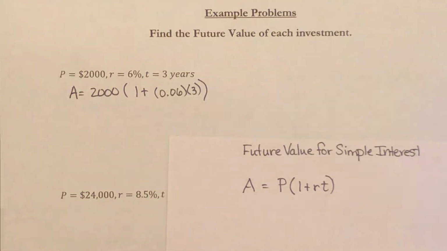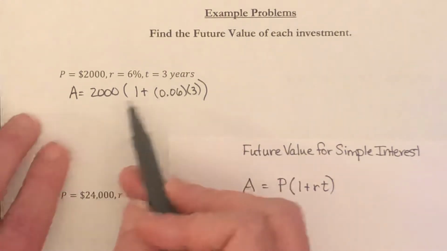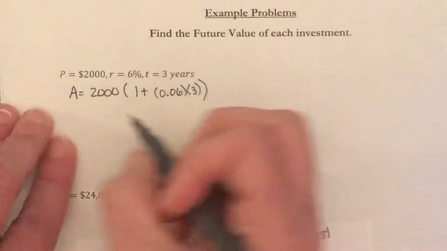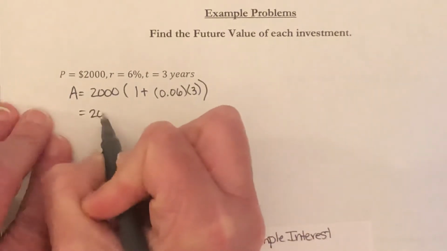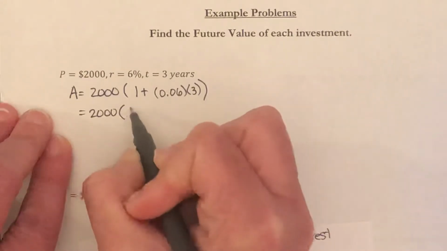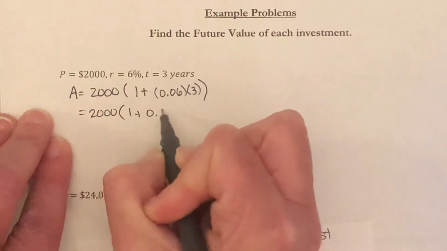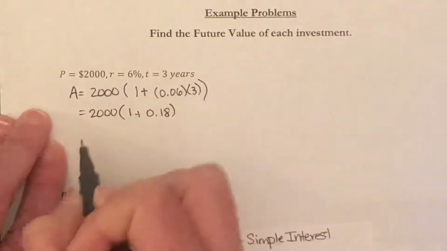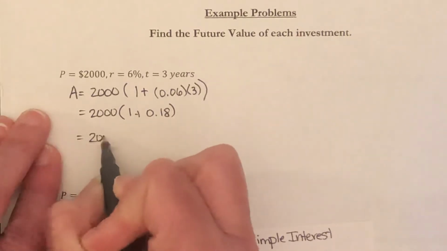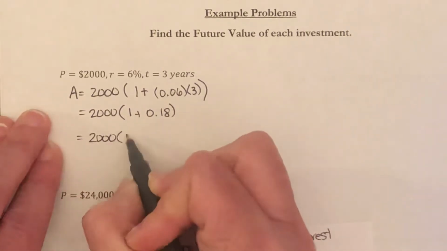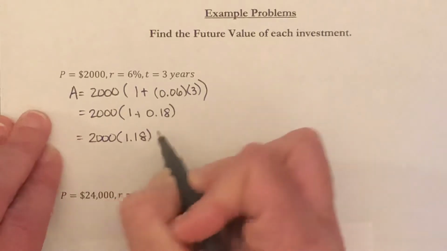That's what we've got. So now I'm going to simplify inside here. 2,000 times 1 plus 0.18, which is 2,000 times 1.18.